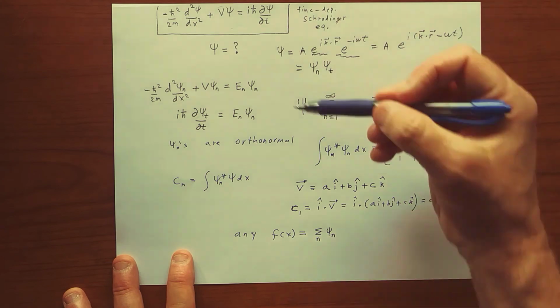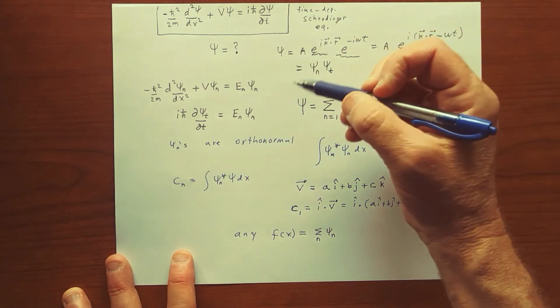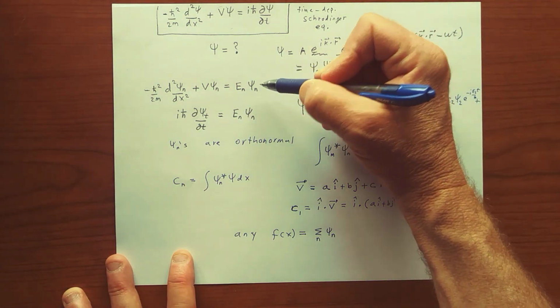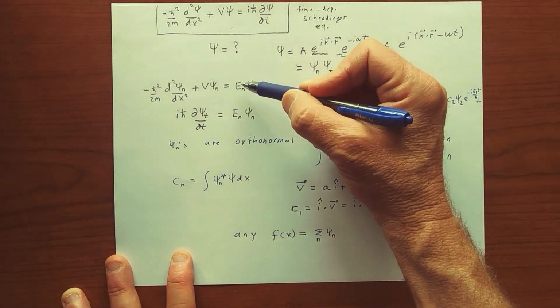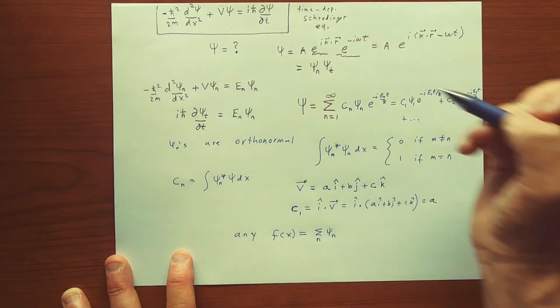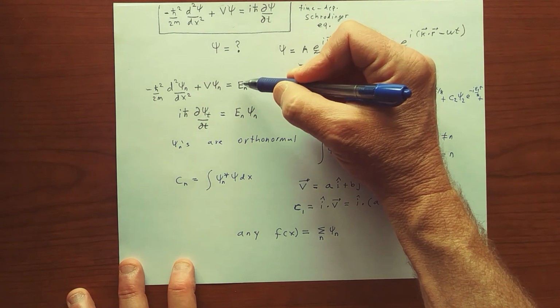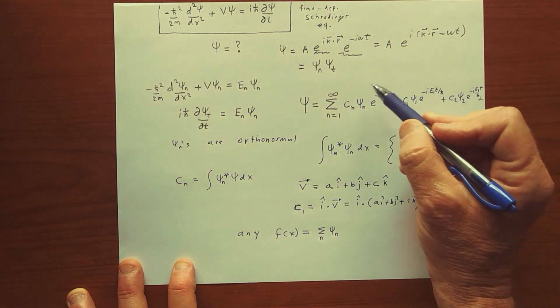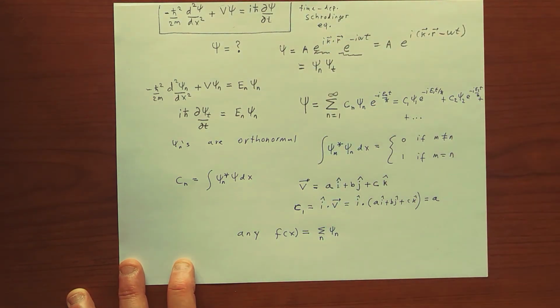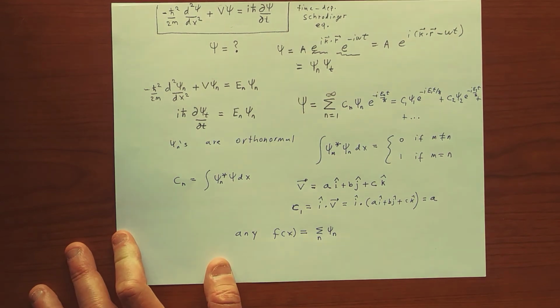If we solve this equation, we'll be able to get all of the possible psi n functions associated with different values of energy. Each psi n will have a different value En, and we can sum them all up together in this way to get the overall solution.